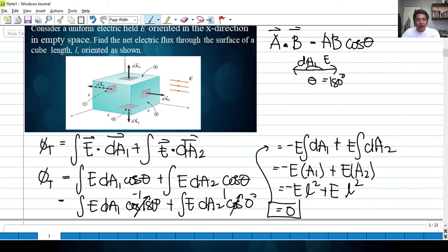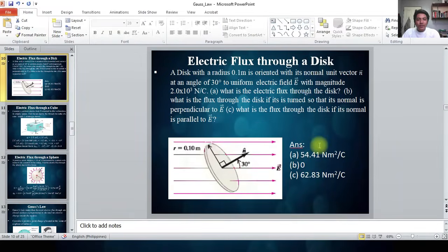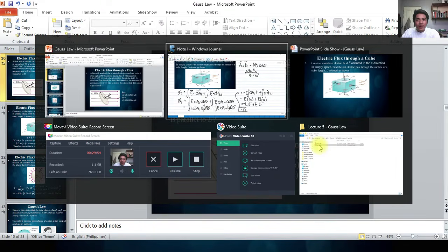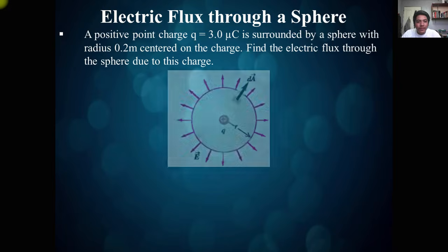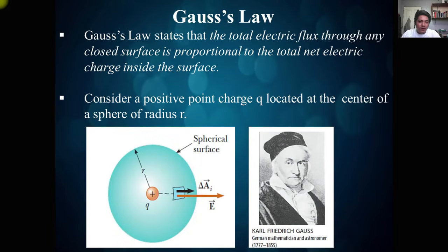According to our lesson, later on we will be talking about Gauss's law, which indicates that if we have a Gaussian surface, an imaginary surface, and inside that surface we have a charge, the electric flux through that surface is proportional to the total net electric charge inside it.